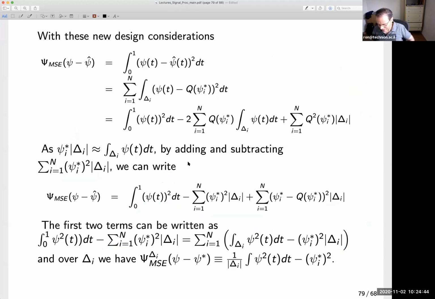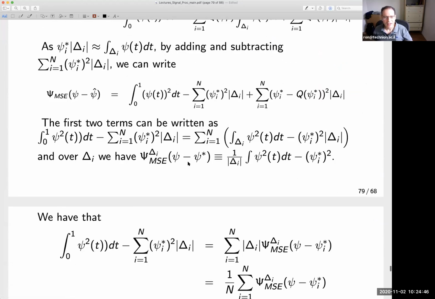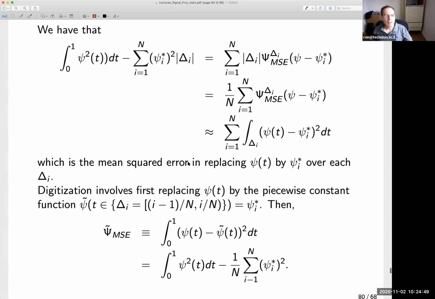So let's push it one more slide. So what do we have?